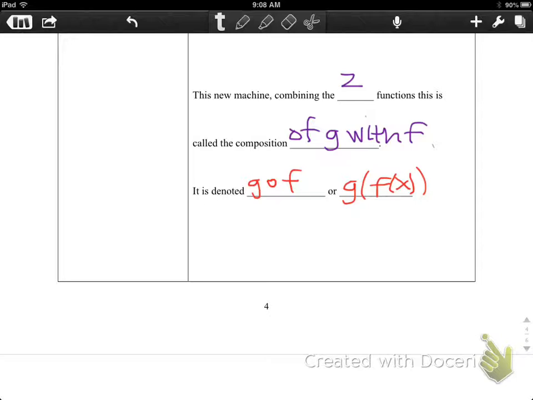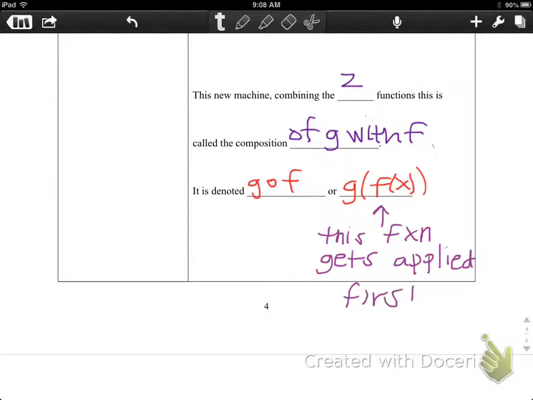What this tells you is that f is nested in g, so this function gets applied first.